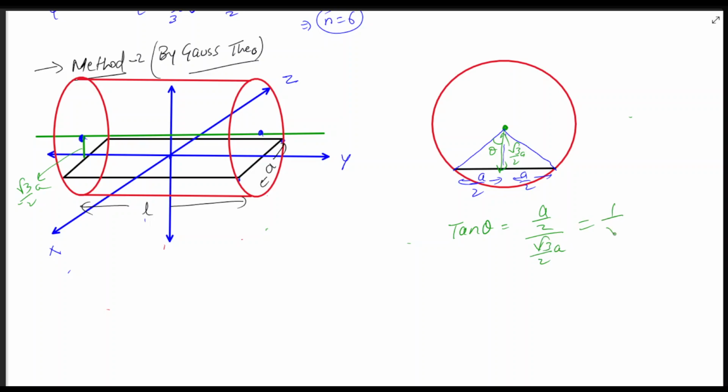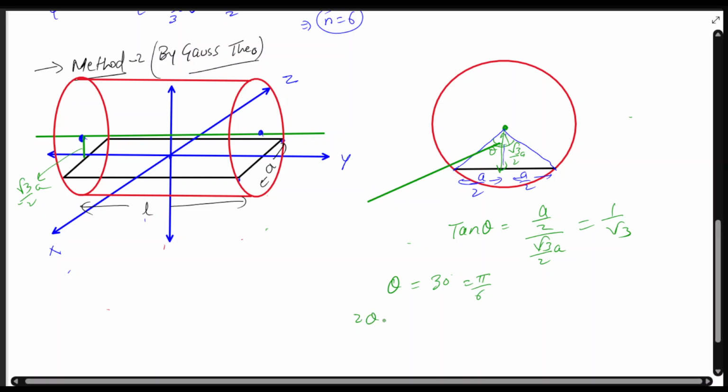So we'll get 1 by root 3. So we will get theta as 30 degrees, which is pi by 6. So the whole angle, 2 theta, will be 60 degrees, which is pi by 3.